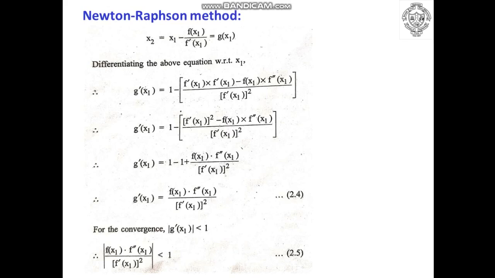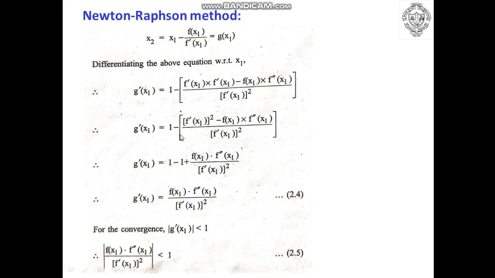We can write g dash of x1 is equal to 1 minus, because differentiation of x1 with respect to x1 is 1, 1 minus f dash of x1 into f dash of x1 minus f of x1 into f double dash of x1 divided by f dash of x1 square. This transformation has been done by applying the u divided by v rule.